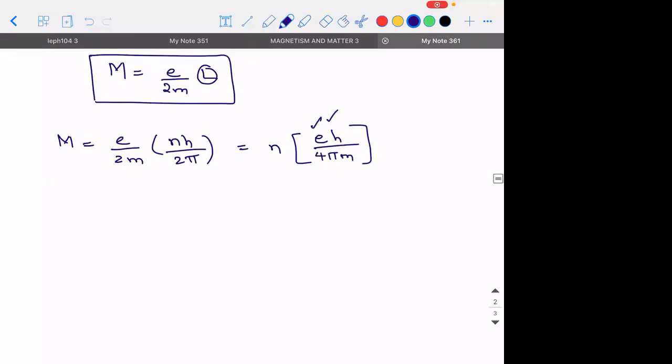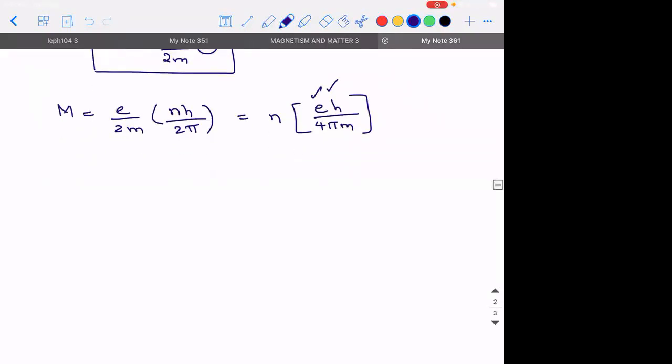You guys know this already. Planck's constant, sir. Yes, it is Planck's constant. 4π is obviously a constant, and m stands for the mass of the electron. That's right. So μ will be equal to eh divided by 4πm.